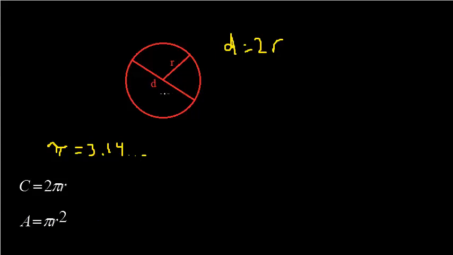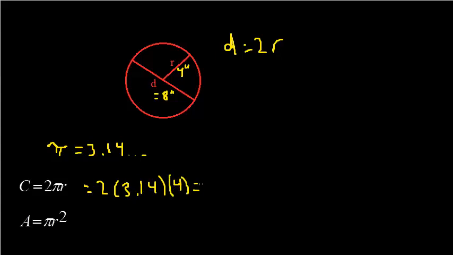So if I know that my diameter is equal to 8 inches, and I want to find the circumference and area of that circle, I first need to find the radius. The radius is always half of the diameter, so my radius is 4 inches. My circumference then is 2 times 3.14 times 4.